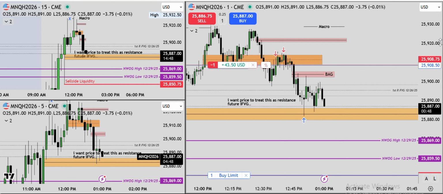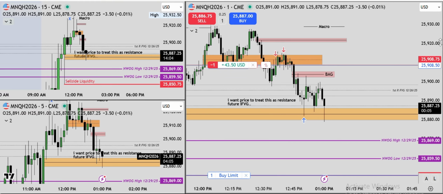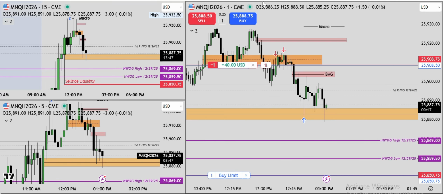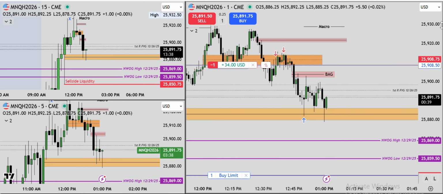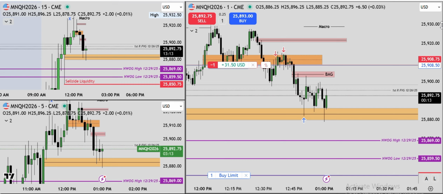We can see price refusing to reach into that breakaway gap. Now it's once again reaching into that fair value gap that I want to become an inversion fair value gap. We're right in the heart of that macro.